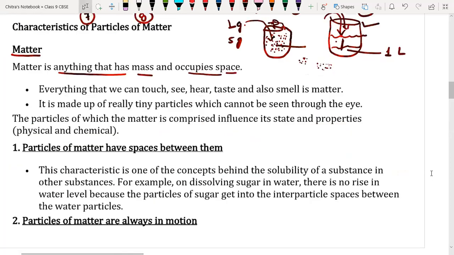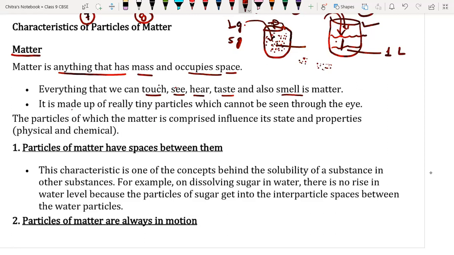Everything that we can touch, whatever we have in our surroundings, that we can see, hear, taste, and also smell, is matter. We can perform all these activities on matter.